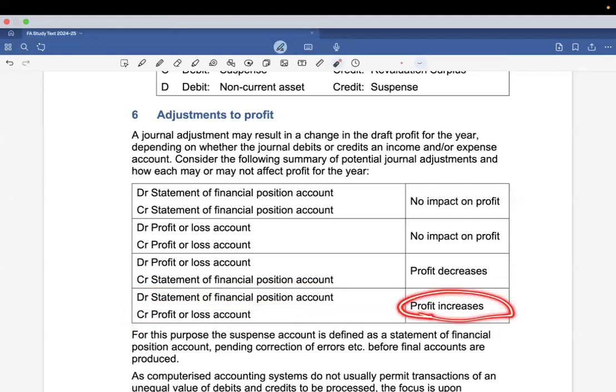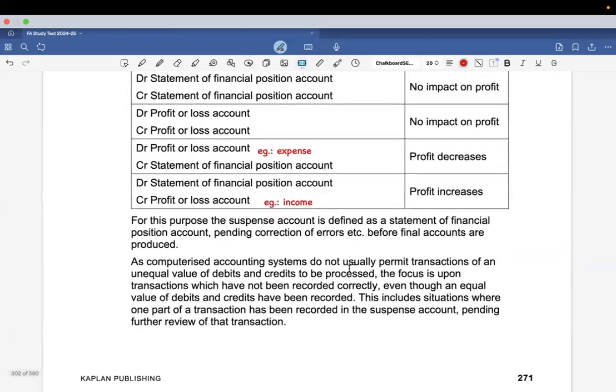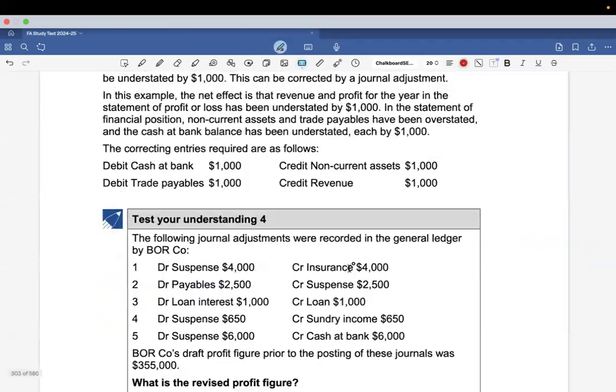Clear, no? When you study this, just take an example as any expense. When an expense is increased, you're going to debit it, right? And profit will go down. Clear? And in this case, you take the example of an income. So when income increases, you're going to credit it, so your profit goes up. Clear, no? Understood?